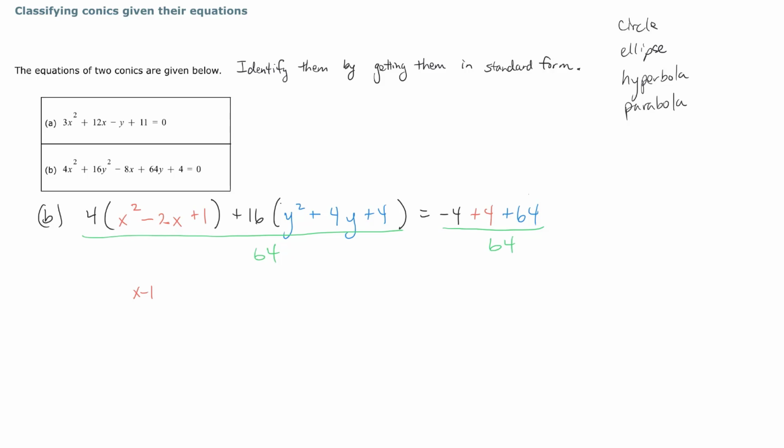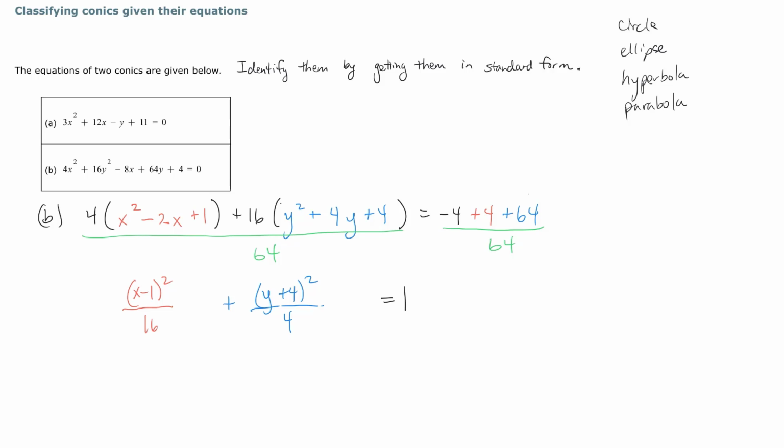So we have x minus 1 quantity squared over 16 plus y plus 4 quantity squared over 4 is equal to 1.